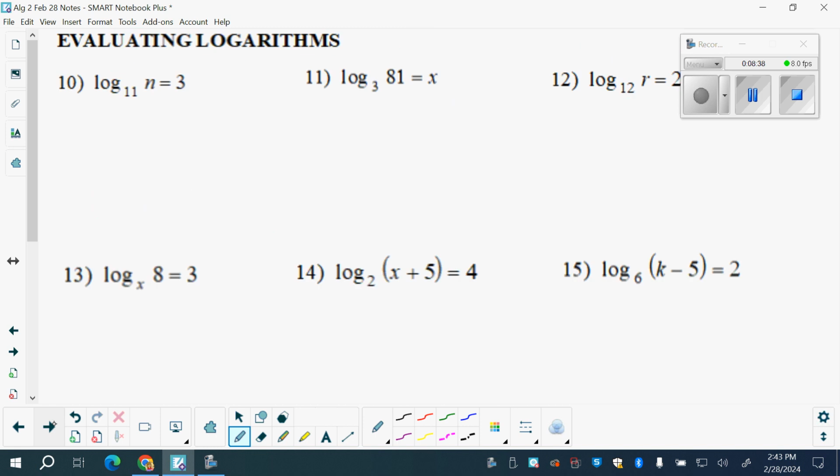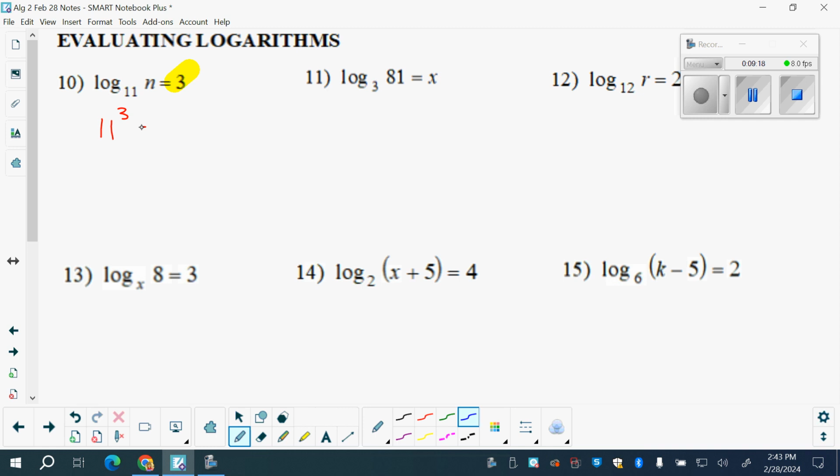Okay, so we have equations now that we're going to solve. Anybody have any idea what we might do to solve that equation? Yes, we want to convert it to exponential form so that we're much more familiar with it. So our base is 11. What's our exponent according to this? Remember, this is your exponent, so it's to the third.